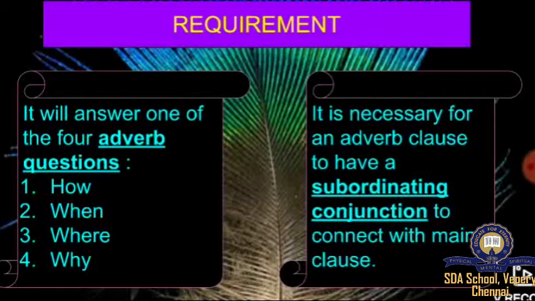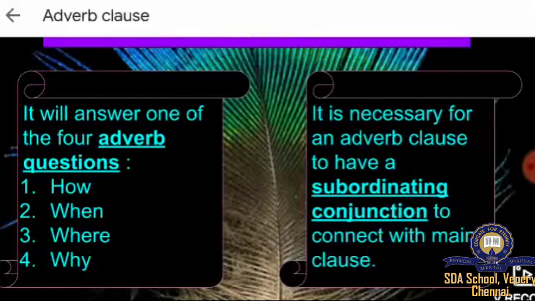So an adverb clause will definitely have a subordinating conjunction. So what are the requirements? They will have a subject and a verb. They will be answering any one of the following questions, that is how, when, where, and why. And thirdly, they will have a subordinating conjunction. So let's move on.